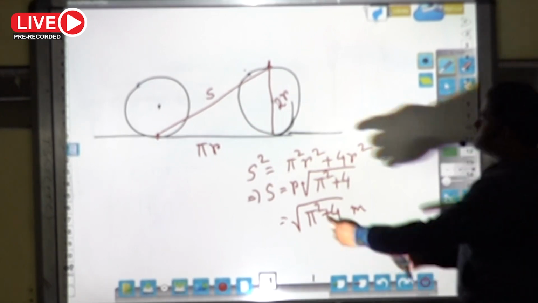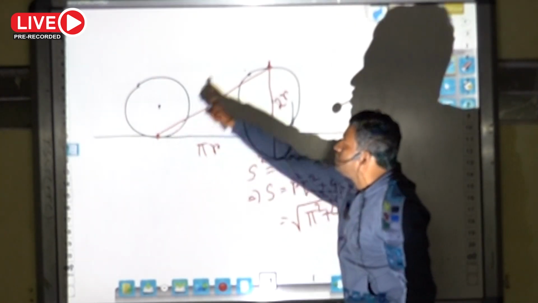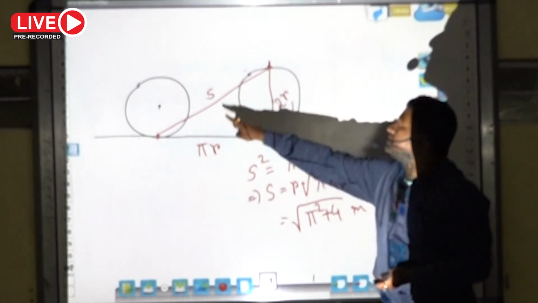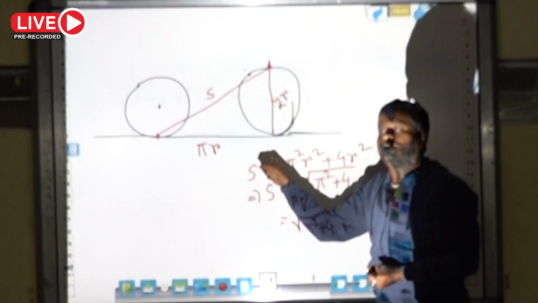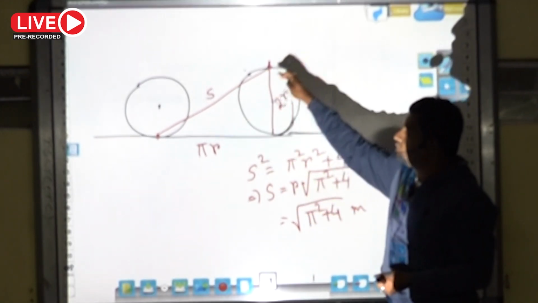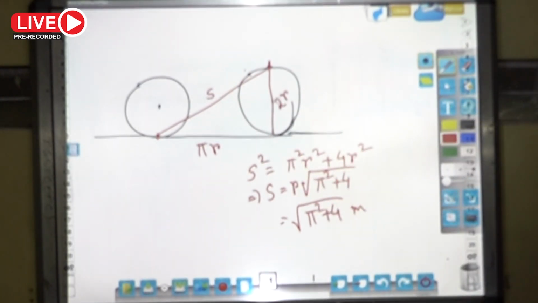This height is 2r, because this point goes to the top after the half revolution, because after complete revolution this point again comes to the bottom in contact with the ground. So now form the right angle triangle and calculate the hypotenuse, that is the displacement. Is it clear to everyone?